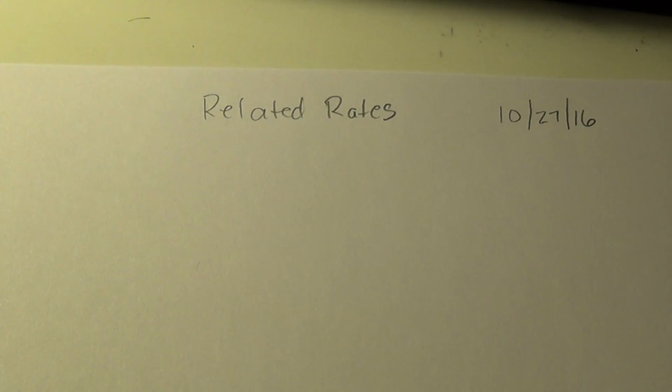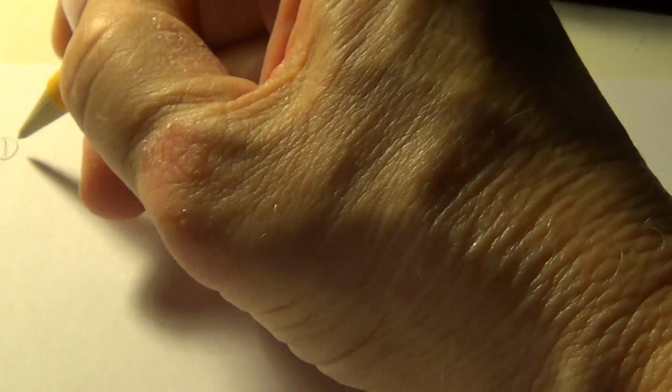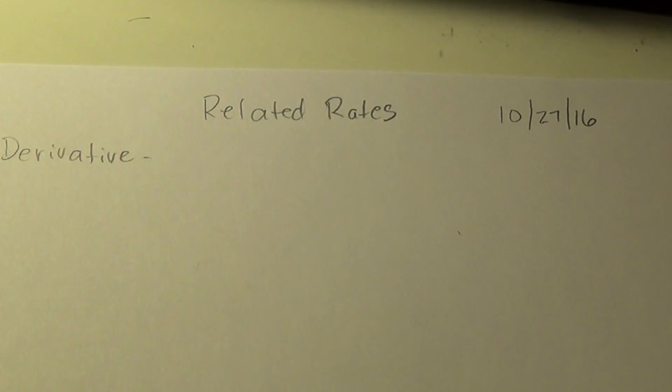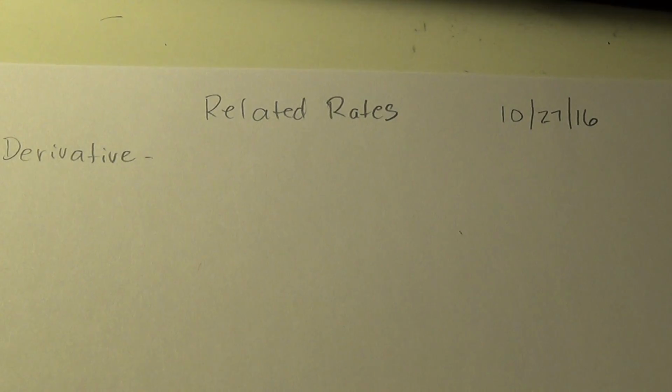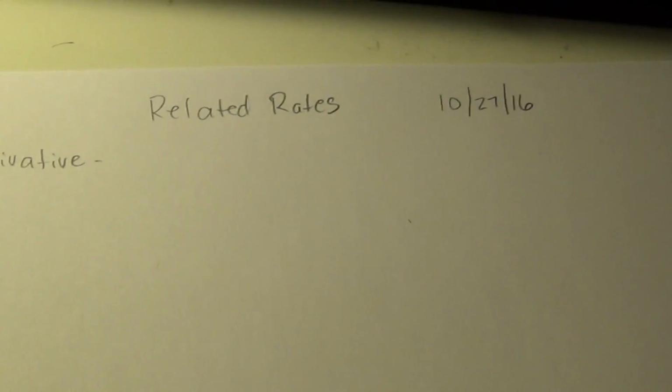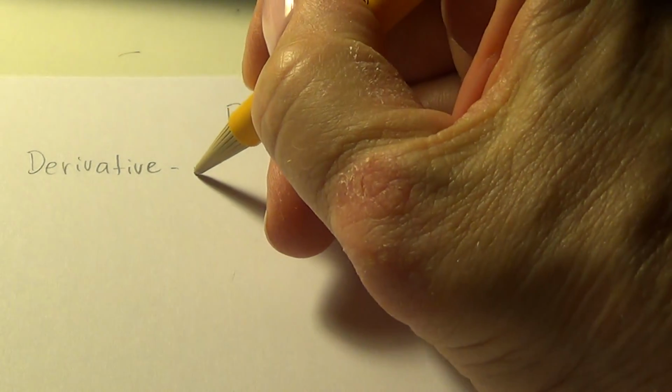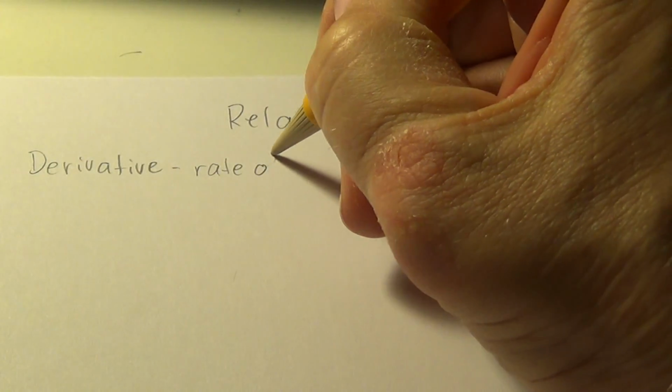You'll be watching this Thursday after class, and the derivative is going to be front and center today. As you recall, the derivative is the slope of a curve at a point where things are always changing. So we're going to look at the derivative as a rate of change.